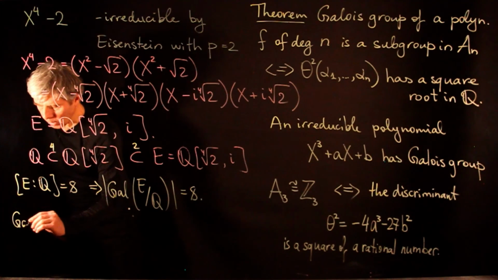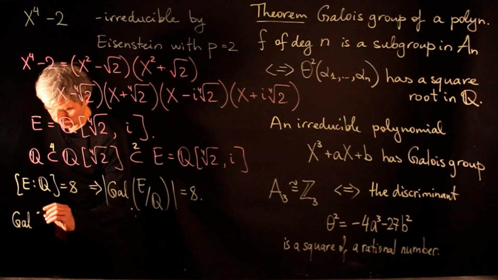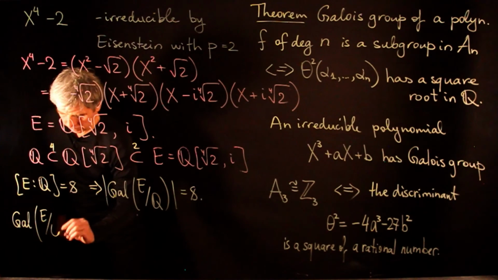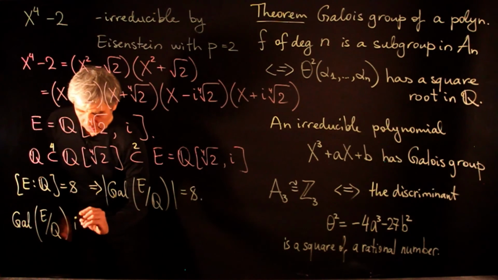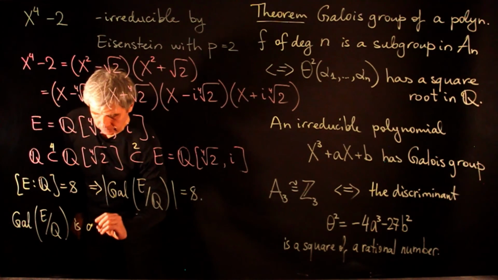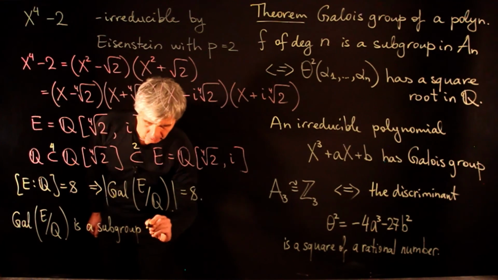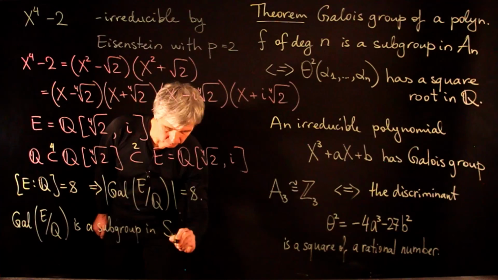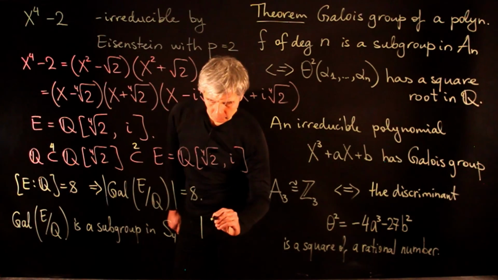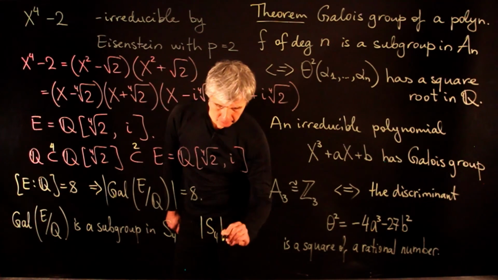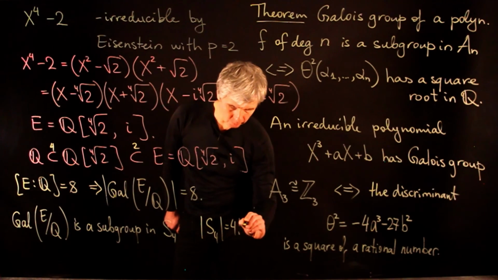And this Galois group is a transitive subgroup in S4. And the order of S4 is 4 factorial, which is 24.